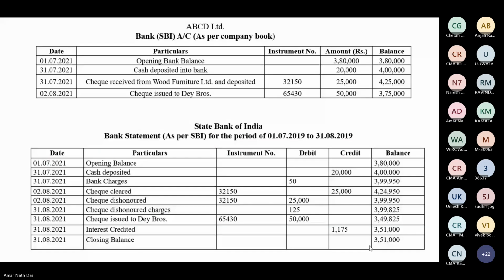Yeah, my SBI bank account as per my company book shows the balance 3,75,000 on 2019. You just consider not 21, it is 2019 as per my question.